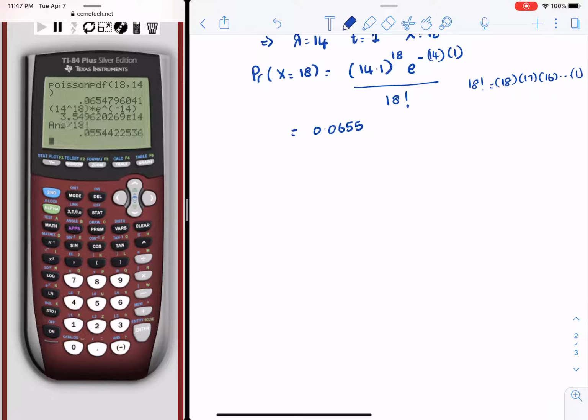Let me quickly check this. Perhaps I'm using the wrong syntax here. It's backwards.